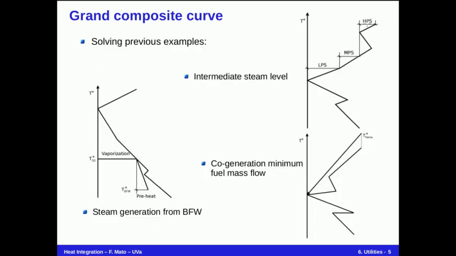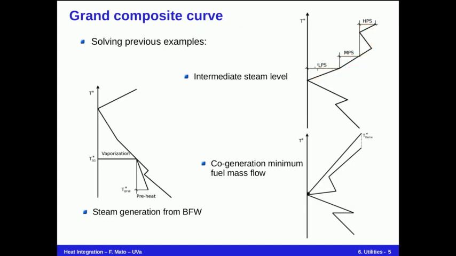So we can represent a grand composite curve of the utilities confronted with the grand composite curve of the problem. And this is a very useful tool to design utilities.